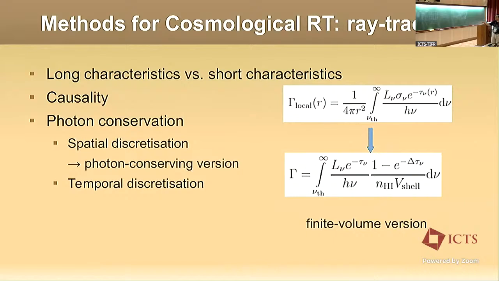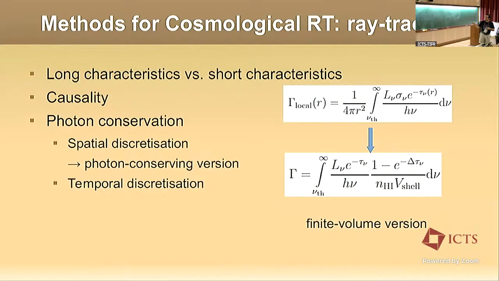So you calculate, okay, what is the flux entering the cell? What is the flux exiting the cell? You take the difference between these two fluxes and divide it by the number of atoms in the cell. And this gives you the photonization rate. So that's what's written here. So this is the number of atoms in the cell.